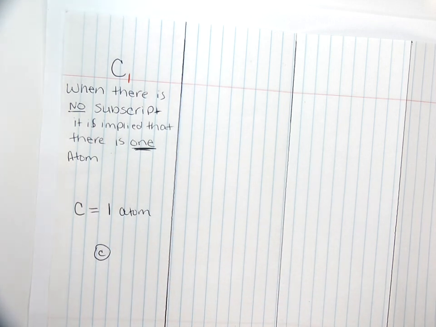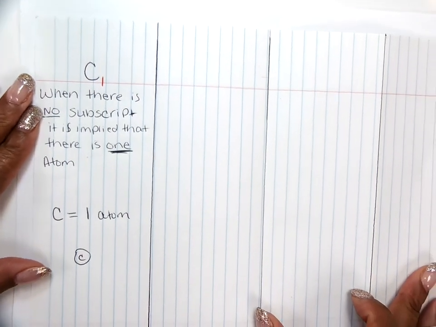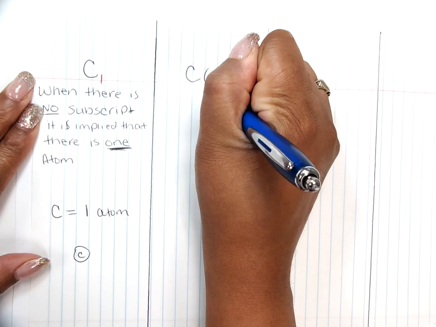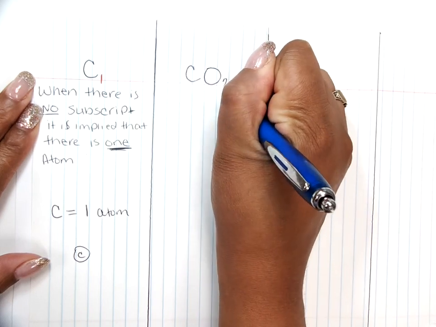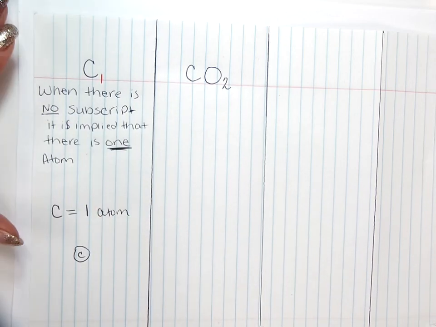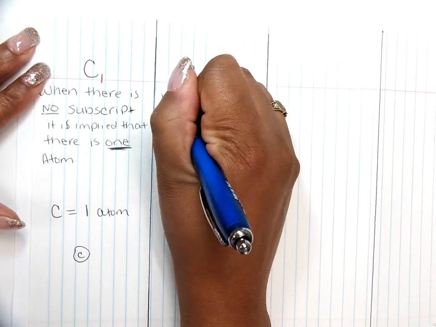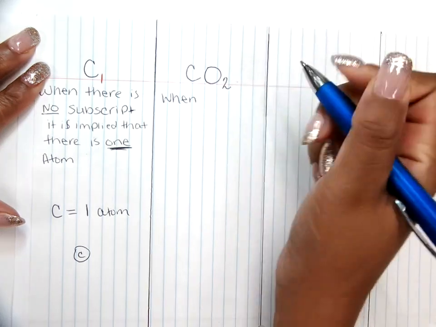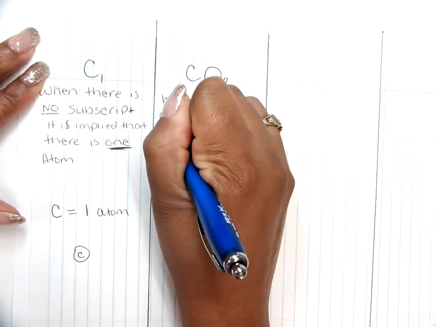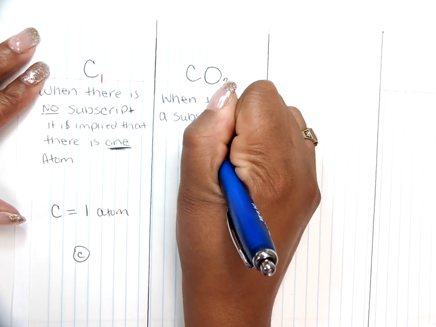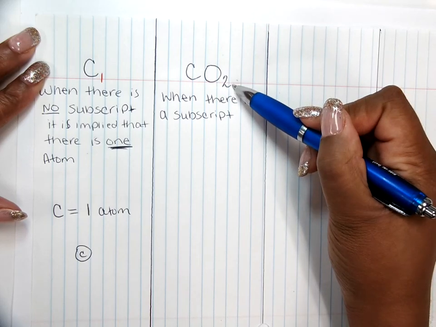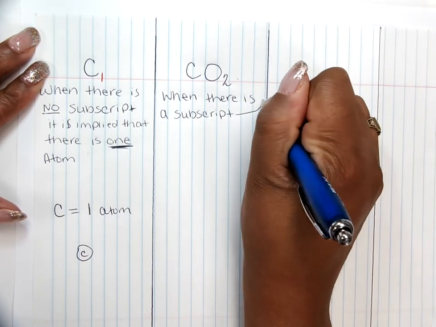Our next example is CO2. So if you see CO2, or anything like CO2, when there is a subscript, which is here, we can put an arrow there.